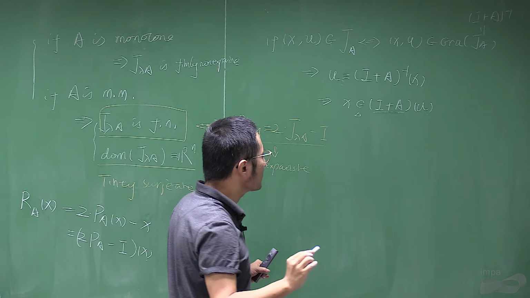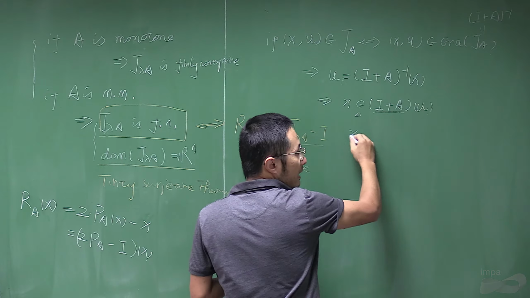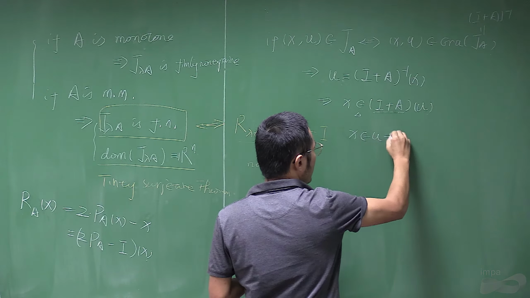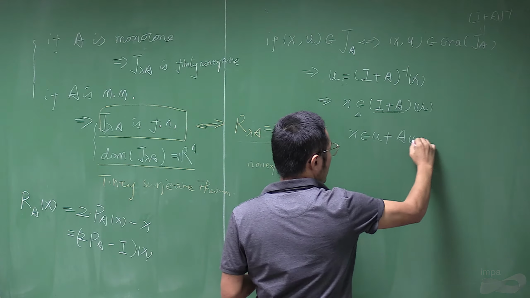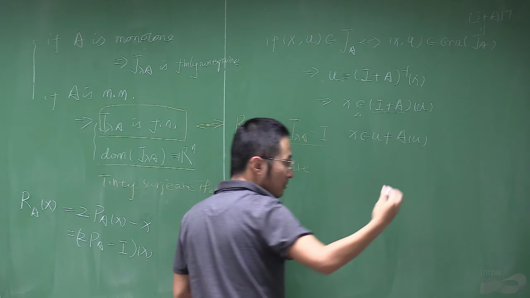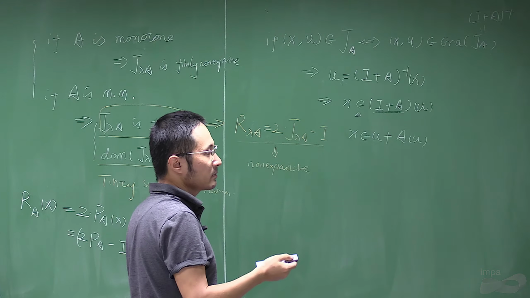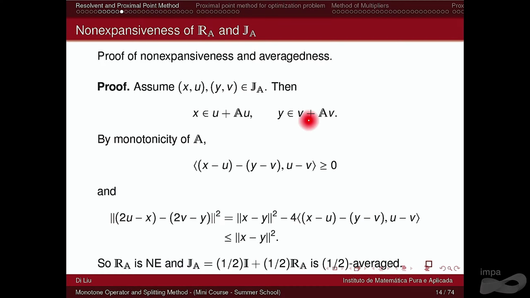We need to be careful about that. So we have x belongs to u plus Au, and similarly y belongs to v plus Av. And since A is maximal monotone, of course A is monotone. So we have this, by the definition of monotonicity and these two relations.